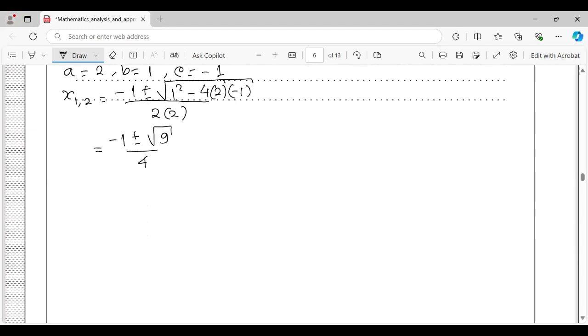So x1 equals minus 1 plus 3, because the square root of 9 equals 3, over 4.